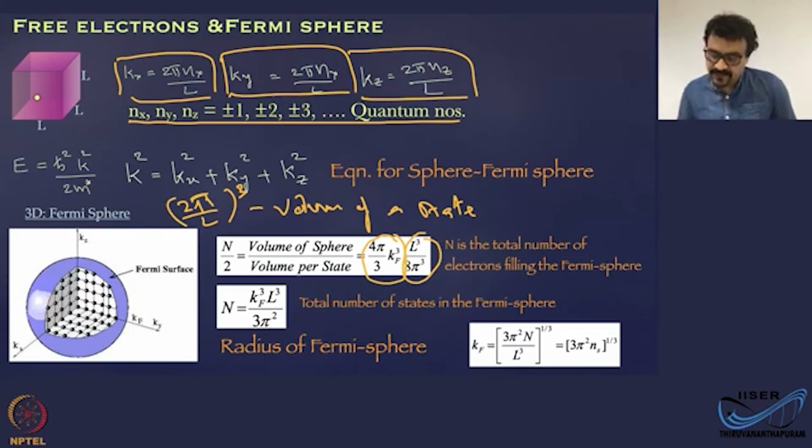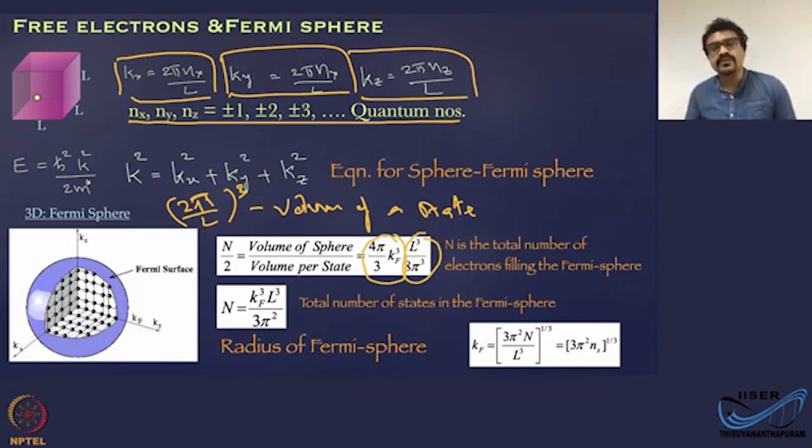And if there are n electrons in the system, then the total number of states that would be occupied, inside the Fermi sphere, will be n by 2, because in this case we have not considered the spin degeneracy. So every k state can actually take 2 electrons.